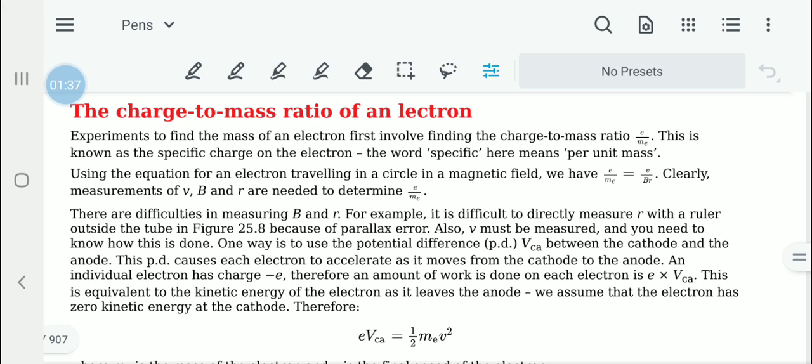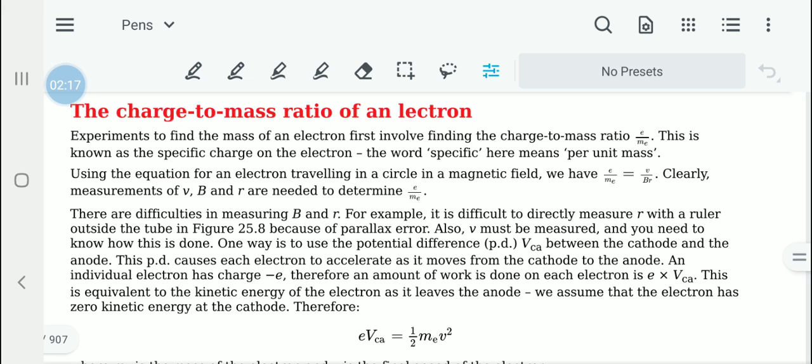It is not easy to measure any of these, even R is not easy because of parallax error. There are many methods that scientists have developed to do this without minimizing the errors.